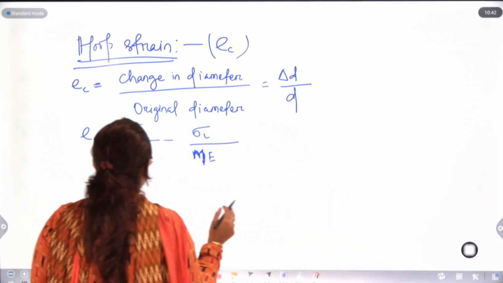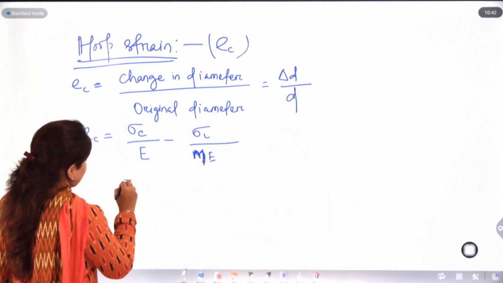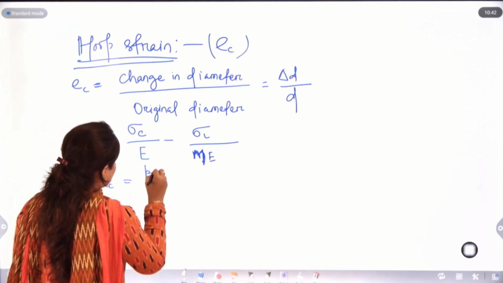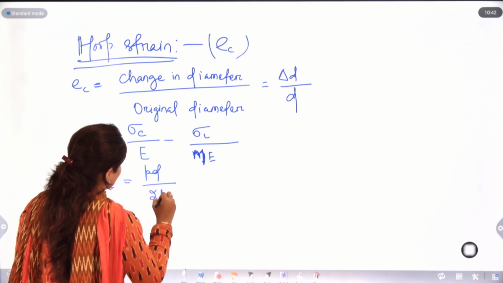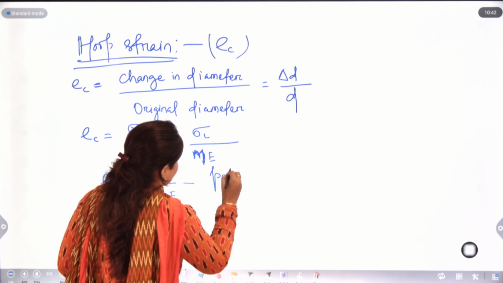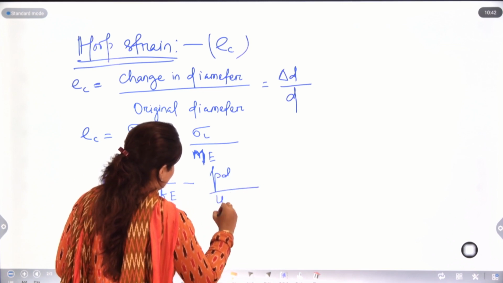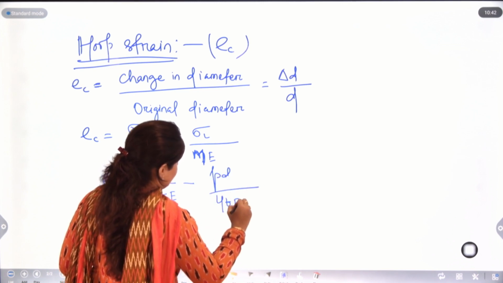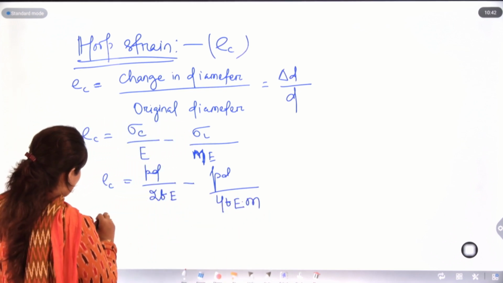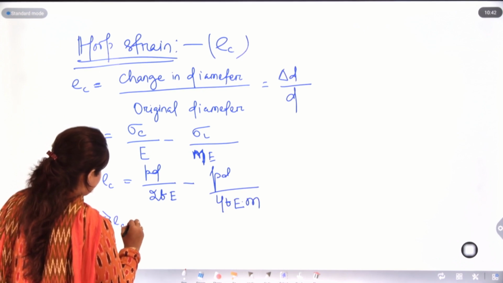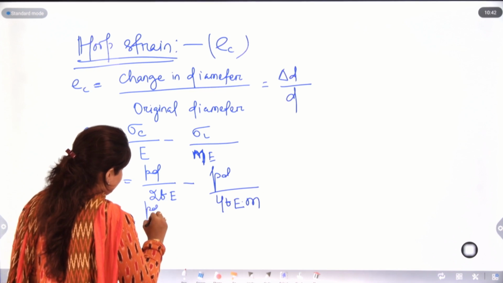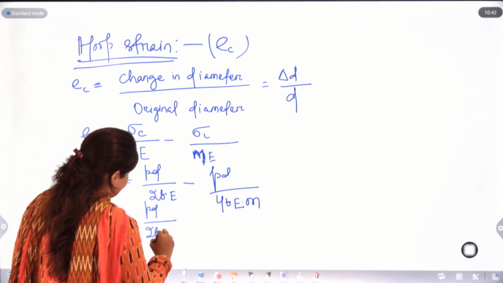We already know the formula for sigma c and sigma L. So, we will put it as PD upon 2tE minus PD upon 4tE into 1 by m. Next, we can take common PD upon 2tE.